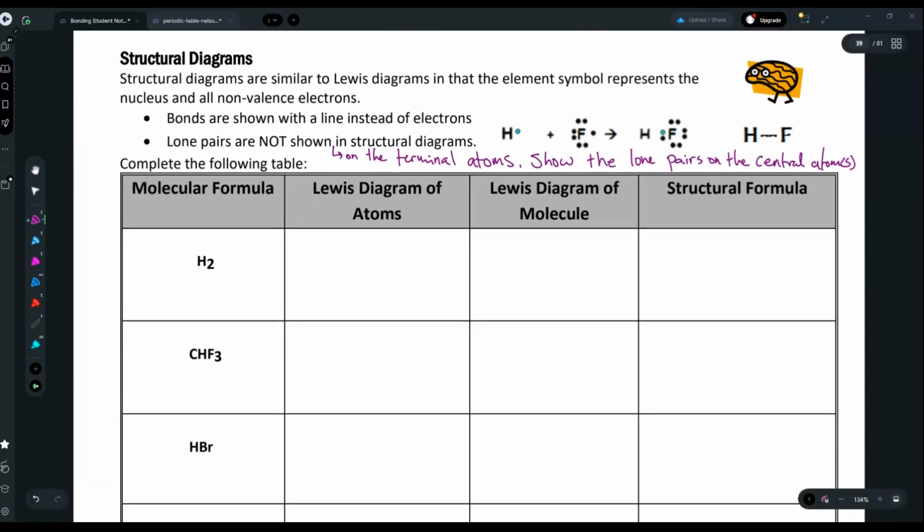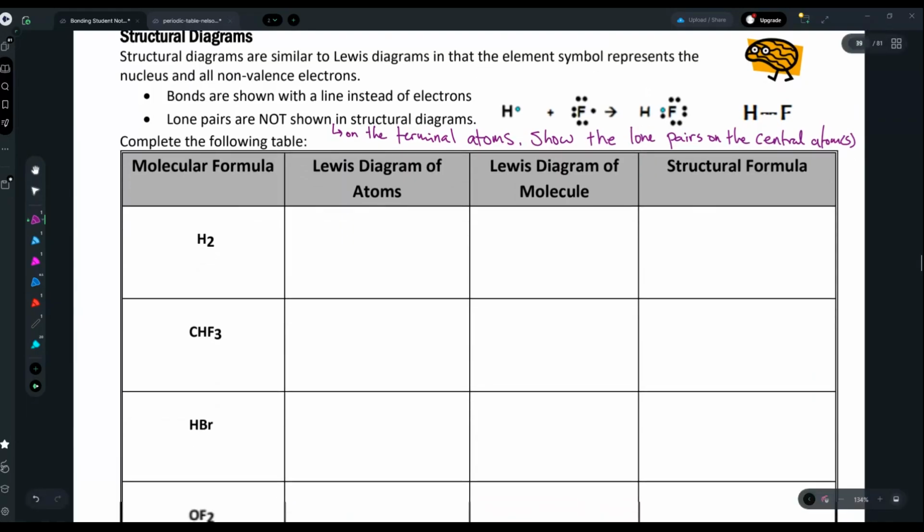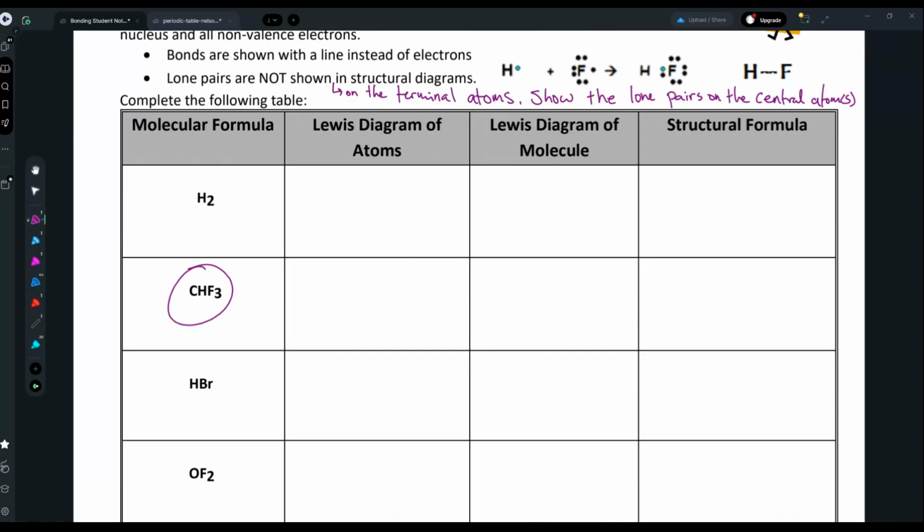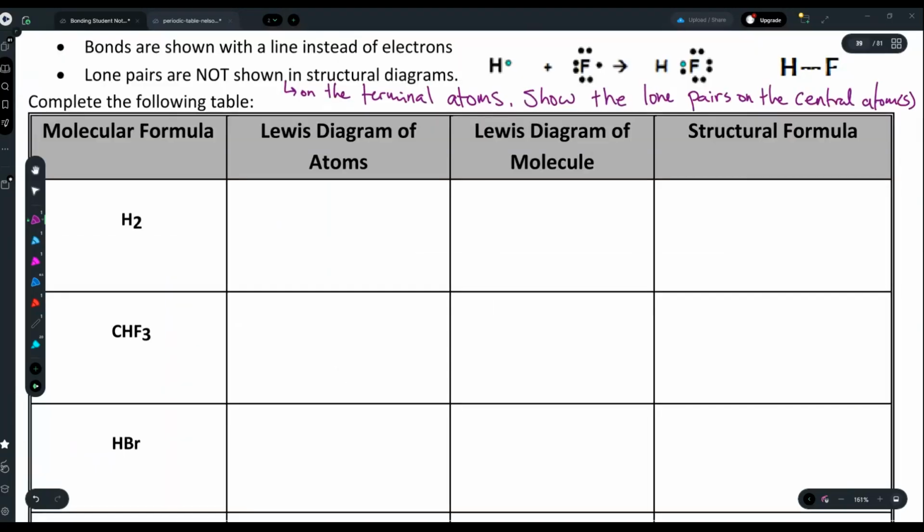So looking at this table here, I'm going to choose to do CHF3 as one of the examples just because hydrogen is a bit simplistic. I'll show you how to fill in this table. First is the Lewis dot diagram of the atoms.